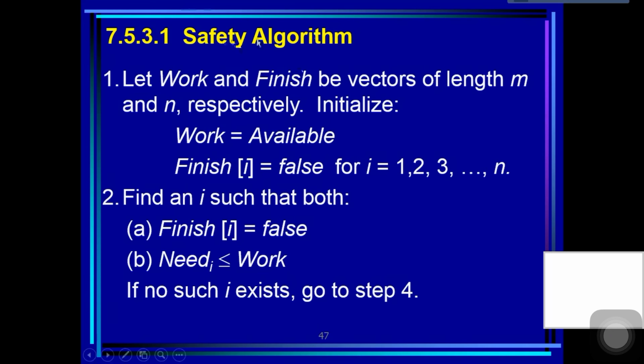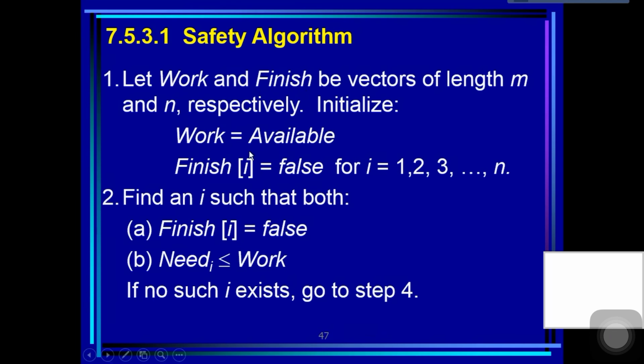The algorithm's definition is as follows. First, let Work and Finish be vectors of length M and N respectively. So we can use one-dimensional arrays to implement Work and Finish.